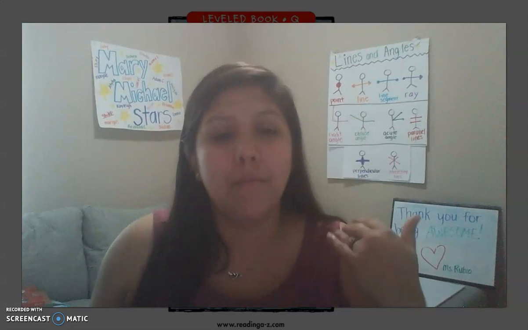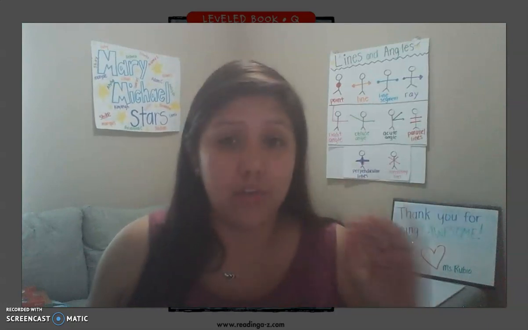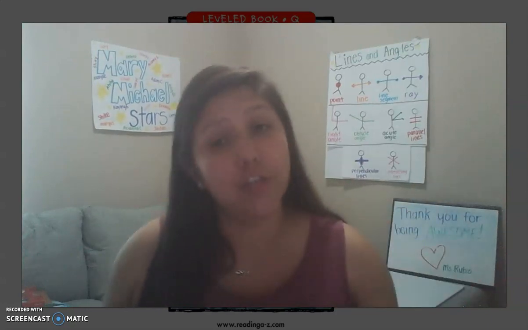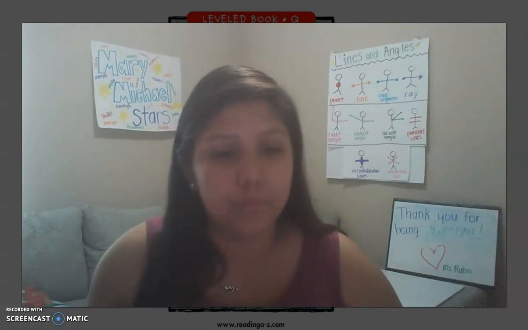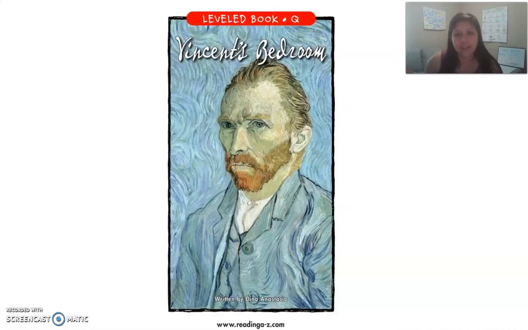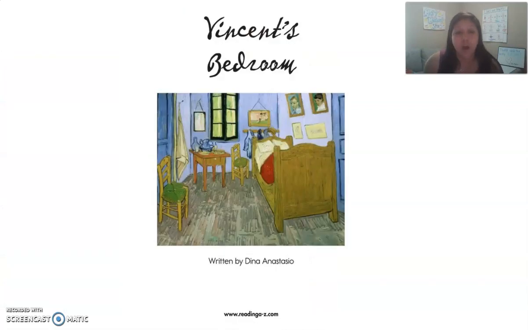So keep that in mind as we're reading, and use your text features to help you identify fiction or nonfiction. Let's take a look at the table of contents to see exactly what we're going to be reading about Vince's bedroom. Here on the inside of the cover, it looks like Vince's bedroom. Interesting.